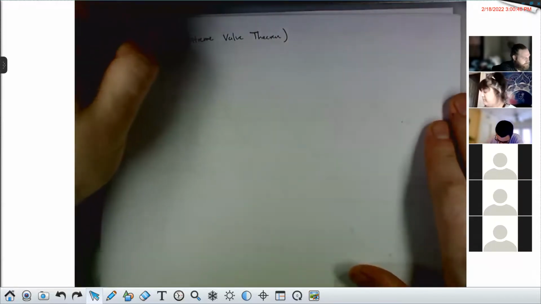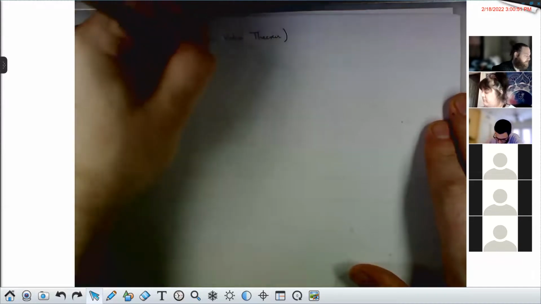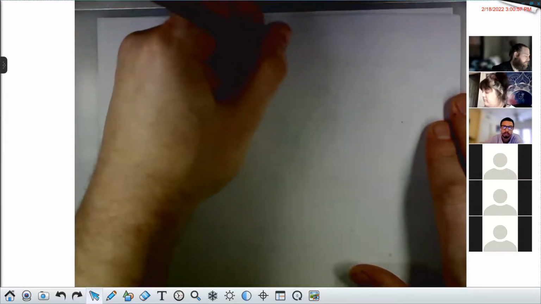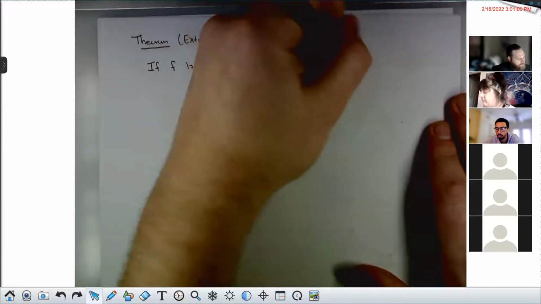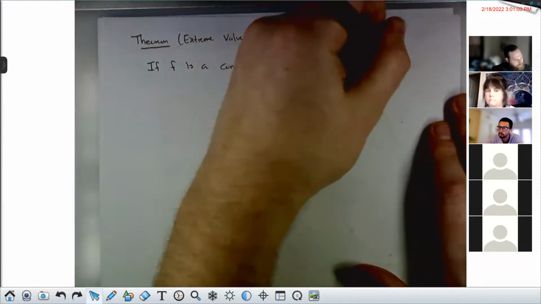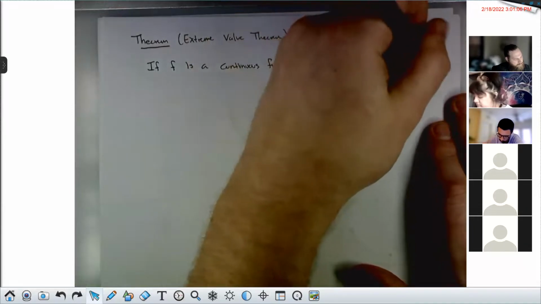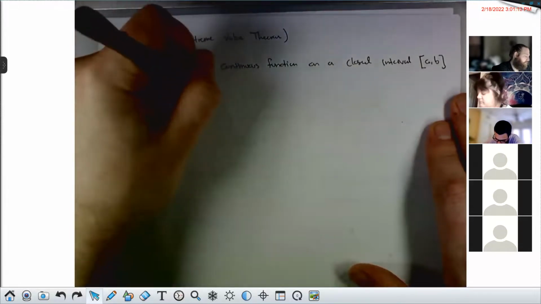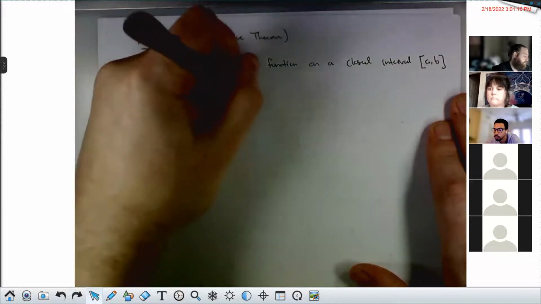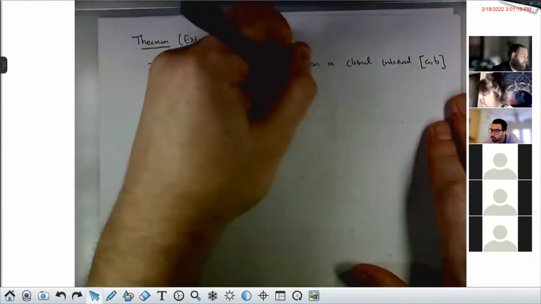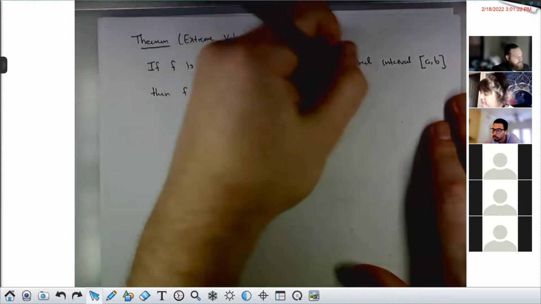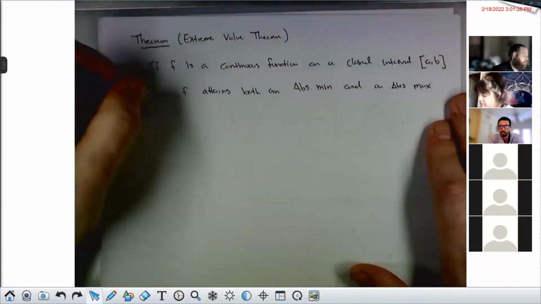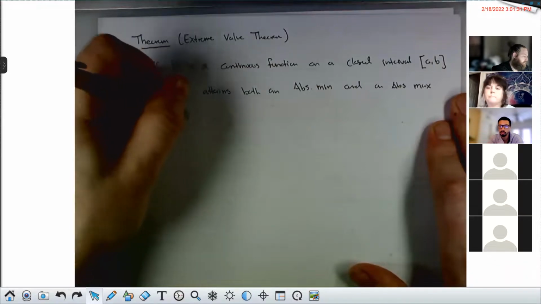It says, if f is a continuous function on a closed interval [a, b], then f attains both an absolute min and an absolute max on [a, b].